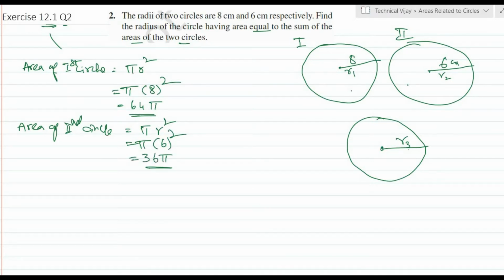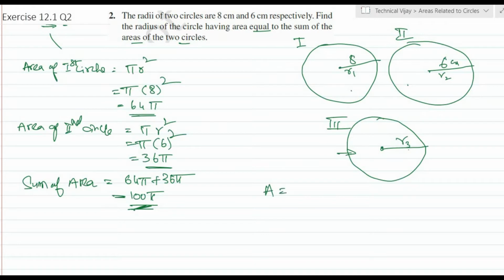So now we have to calculate this third circle which has the area equal to the sum of these two areas. That is, the sum of the areas of the two circles is equal to 64 pi plus 36 pi. So this is equal to 100 pi. So now we have to calculate the radius so that the area is equal to 100 pi.